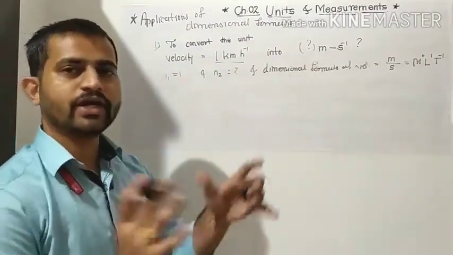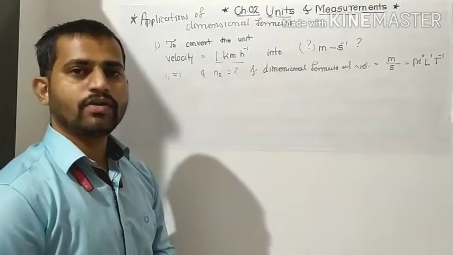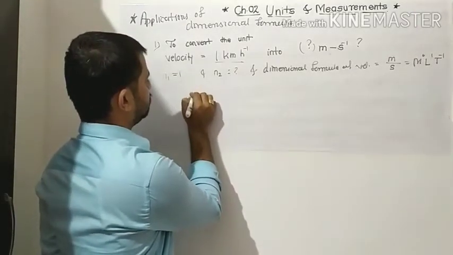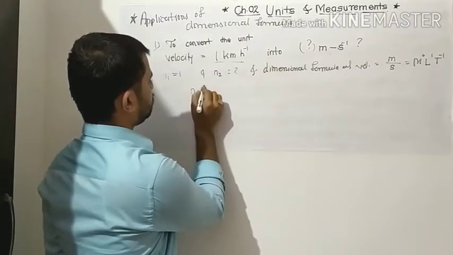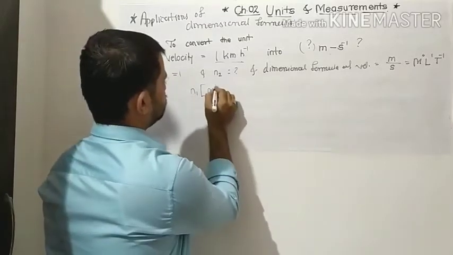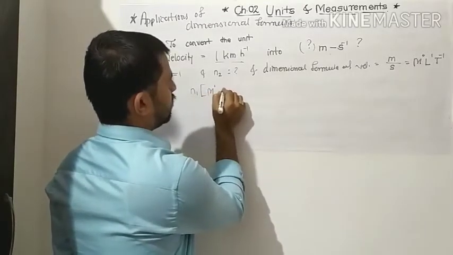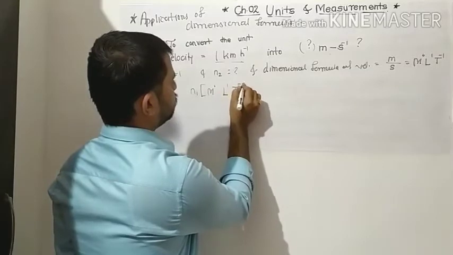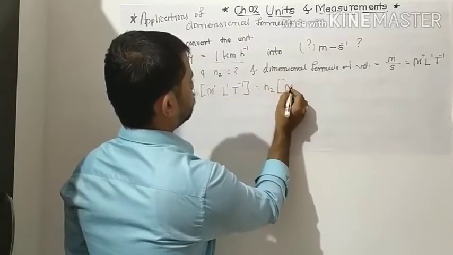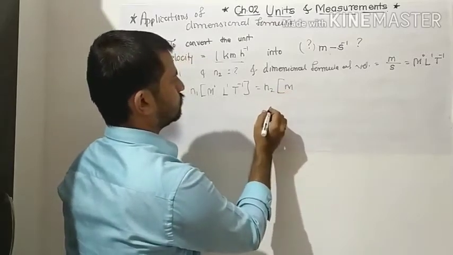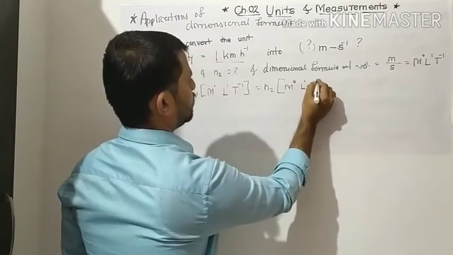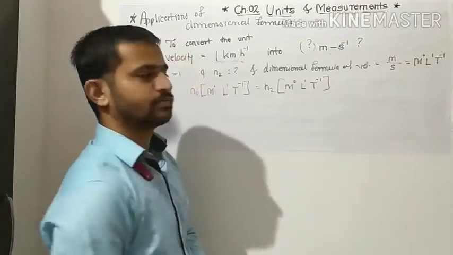So we have to equate the dimensional formula from both the systems. Okay, so we'll write n1 M raised to 0, L raised to 1, T raised to minus 1 is equal to n2 M raised to 0, L raised to 1, T raised to minus 1.